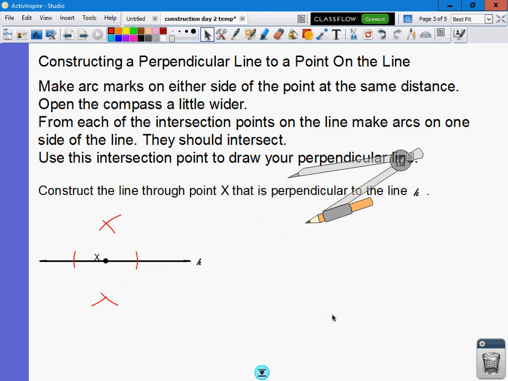And it should look something like that now. You should see that you have 2 points here where they intersected. And all I'm going to do then is what?